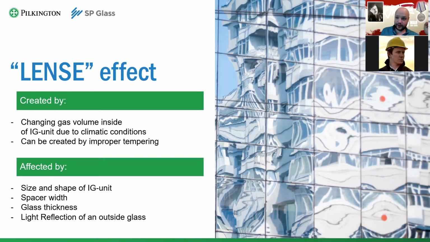But these valves are designed to be used one time, meaning they should not constantly transmit air in and out. That would be a defect, because with the incoming air comes water. That water going inside the IG unit is absorbed by the molecular sieve, but the molecular sieve has its own water absorbing capacity.